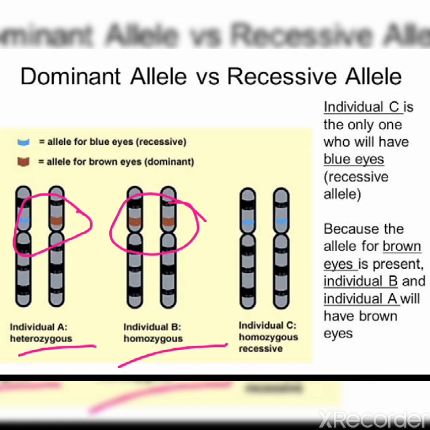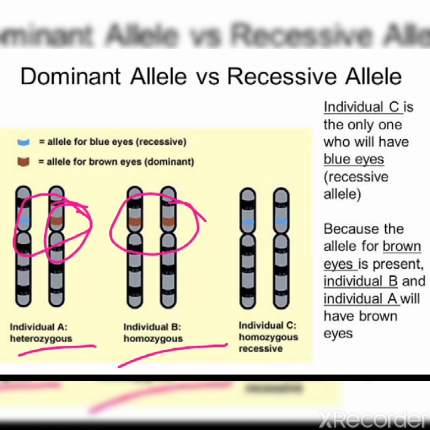If brown color is present, then it will be dominant, because brown one is for dominant. Brown is dominant. So in individual A, one brown is there, so it will be dominant, but both the alleles are different, dissimilar. So that wise it is heterozygous dominant with dissimilar pair.